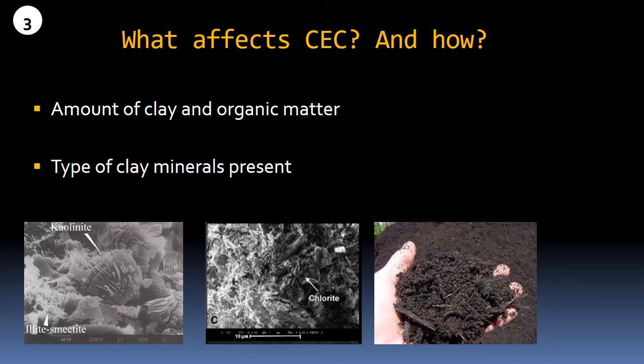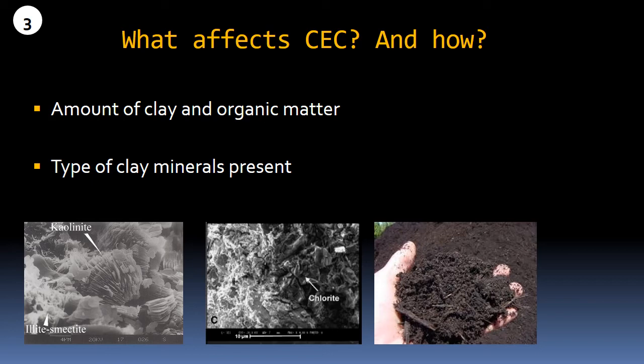The other factor is the type of clay minerals that exist. And we've seen, as you see in the picture, that different clay minerals, like the crystalline or non-crystalline minerals, hold different amounts of net negative charges.